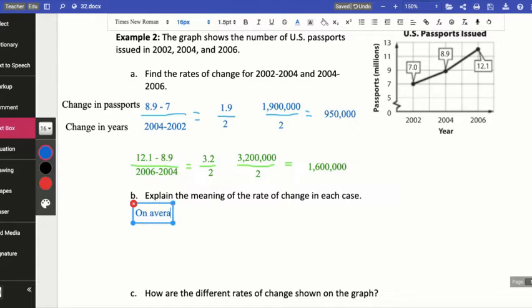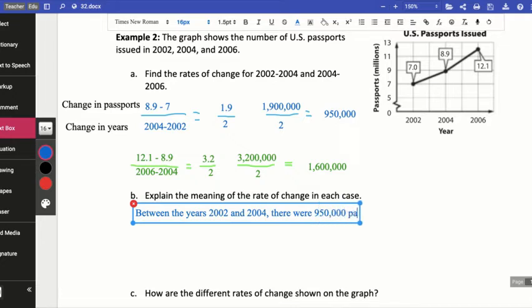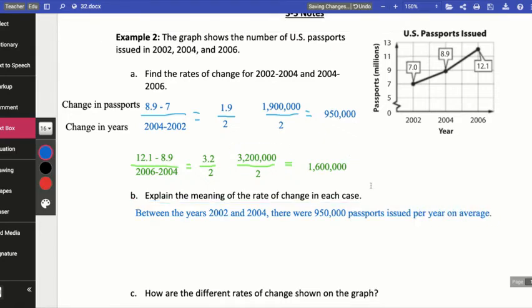So on average, or we could say between the years 2002 and 2004, there were 950,000 passports issued per year on average.